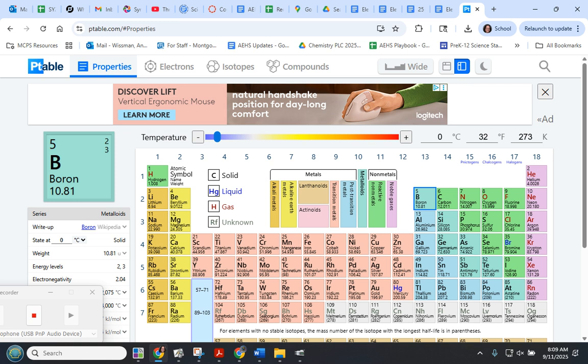So if we think about what its signature is going to be, it's in period 4. So the p block starts at 2. And so 4p1 is going to be the last term.